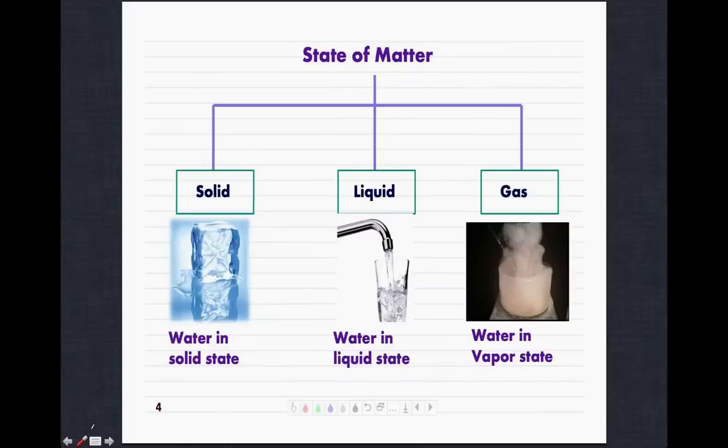Now, sometimes we say, okay, iron is solid. That means that iron is solid under the conditions of this earth, that means 1 atmospheric pressure and room temperature. If I heat the iron more, it can go to the liquid. If I heat it much, much more, it can go to the vapor state. So later on in chapter 2, I'll refer to the periodic table and say, for example, copper is solid.